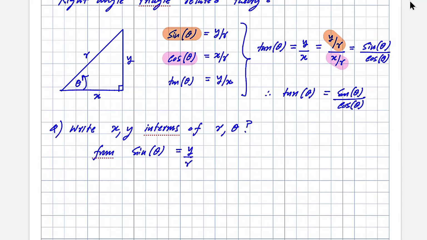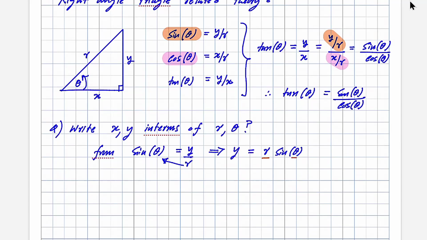From sine theta is equal to y divided by r, I'm going to make y the subject by cross multiplying this with r. So that's going to be r sine theta. Right? So now you can see we wrote y in terms of r and theta.